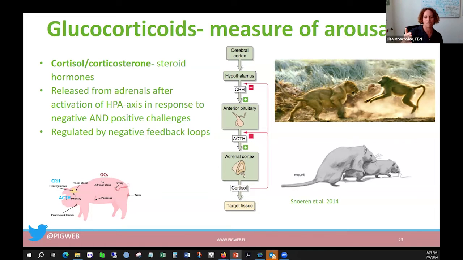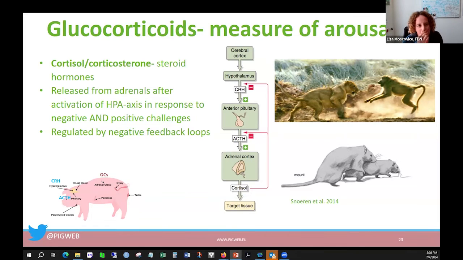And if that system is dysregulated, and if we don't have these checks on cortisol release, then we can get chronic elevated, or actually hypo- or hyperregulated, so high levels or chronic low levels of cortisol, which is very maladaptive for animals. And that's when we have to worry about inability to return to homeostasis.